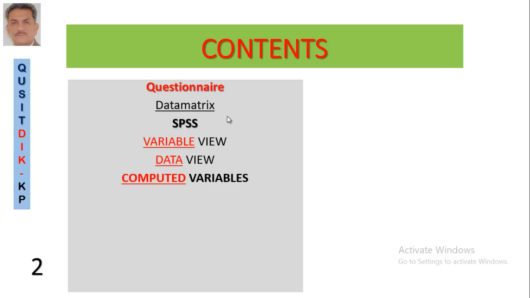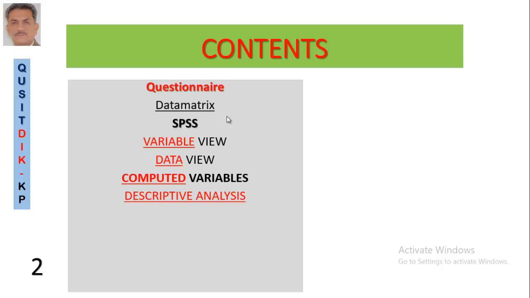Computed variable, for example, self-confidence. If it has 11 questions, then the answers to the 11 questions will be summed up and divided by 11, and the resultant X bar or average will be placed in the column of the computed variable self-confidence.